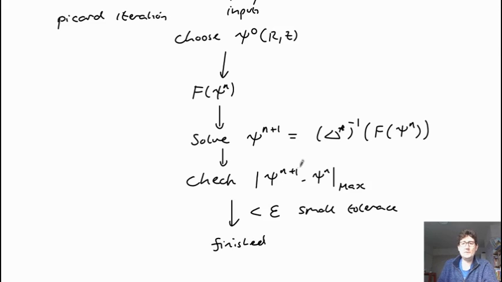But if psi is still changing between iterations, then we go back. From this new psi, we calculate the new right-hand side, and then solve it again. And we keep iterating until it finds convergence. And this is the Picard iteration.